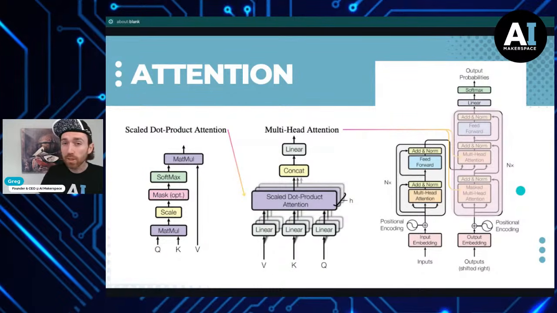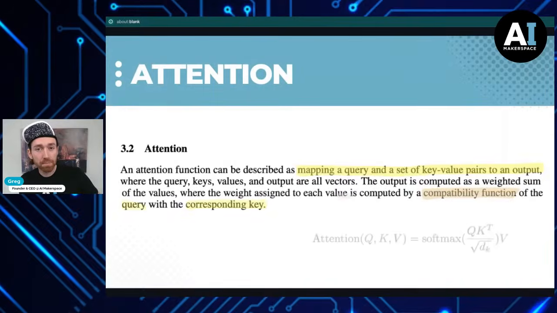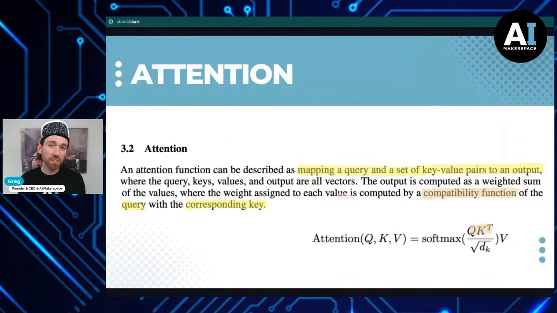Now, from the original Attention Is All You Need paper, attention is defined like this. An attention function can be described as mapping a query and set of key value pairs to an output. Okay, cool.